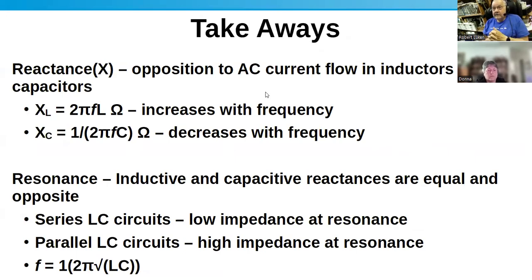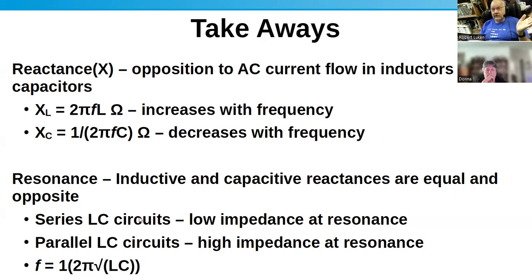So remember that reactance is the opposition to AC current flow in inductors and capacitors, that inductive reactance increases with frequency, capacitive reactance decreases with frequency. Resonance is where the inductive and capacitive reactances are equal and opposite. Remember, they have different signs. Inductive is positive, capacitive is negative.